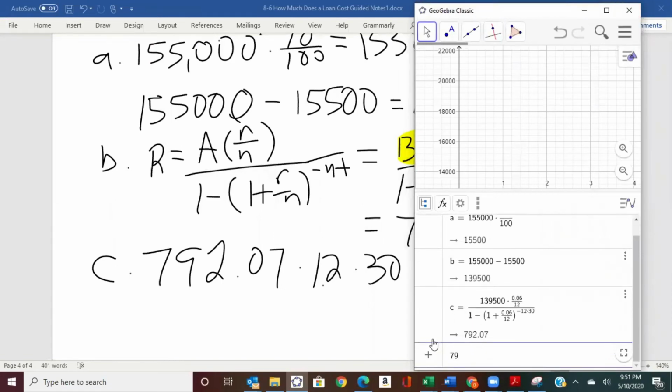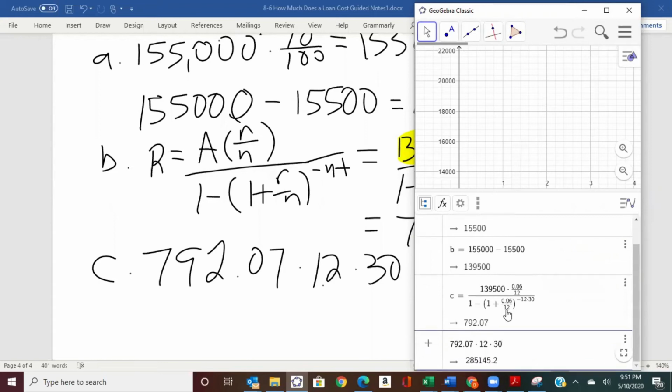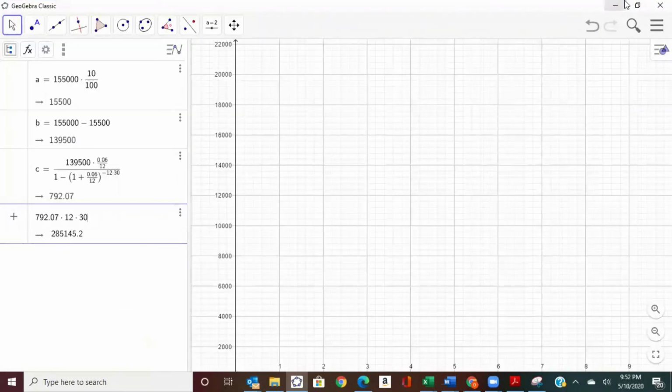So we're going to do 792.07 times 12 times 30. And we end up paying $285,145.20.